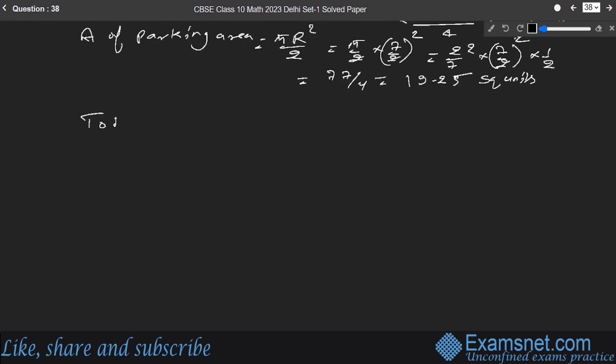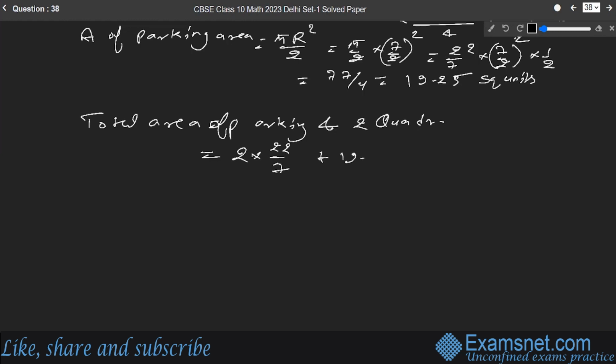Now we are supposed to find the total area of the parking and the two quadrants. We add both the areas. The total area is 2 into 22 by 7 plus 19.25, that is pi r and the 19.25 value.